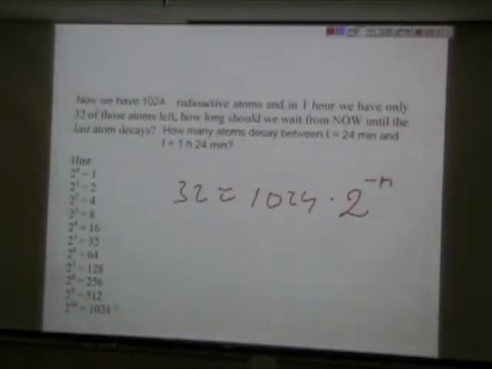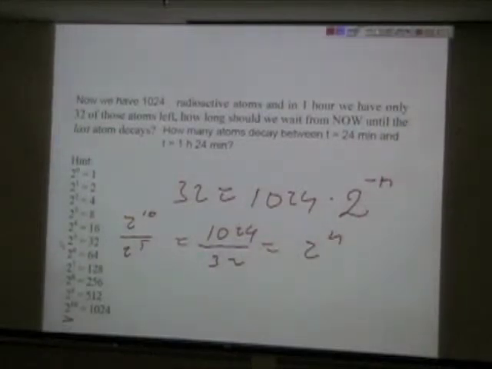Well, and of course, we can solve it mathematically. 1024 over 32 equals this, which in turn equals this. 1024 equals 2 to the 10th, 32 is 2 to the 5th. How do we deal with fractions like that? We subtract powers. That's supposed to be equal to 2 to the 5th.